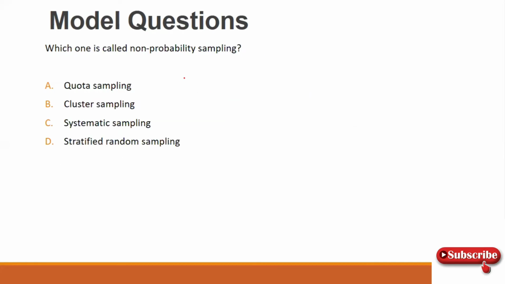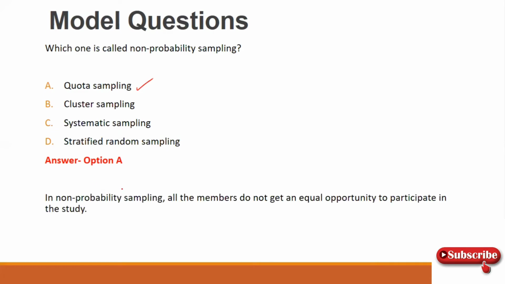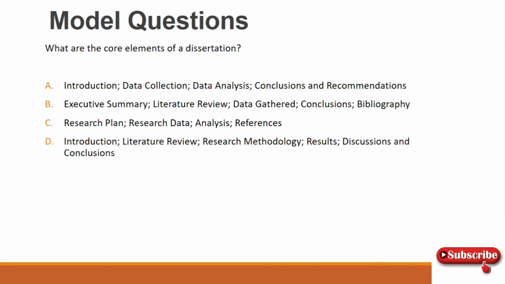And which one is called the non-probability sampling? So non-probability sampling is quota sampling, and non-probability sampling means here all the members do not get an equal opportunity to participate in the study. That is non-probability sampling. Then what are the core elements of dissertation?